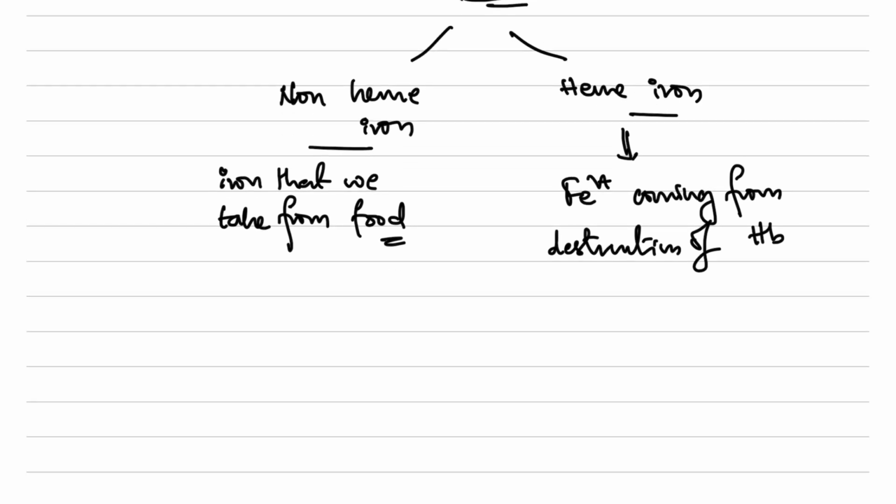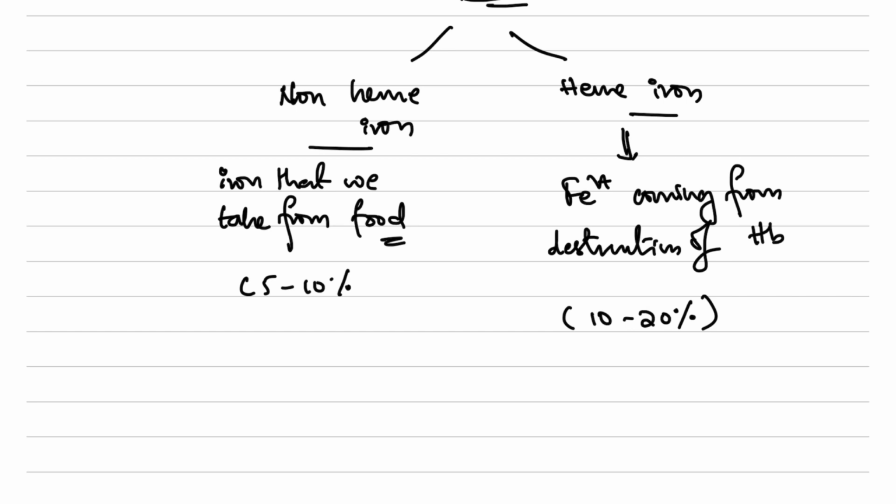The body can identify heme iron and non-heme iron, and whenever there is heme iron, it will absorb almost 10 to 20% of it. Suppose 100 units of iron are broken down from hemoglobin. Out of this, 20 will be absorbed in the body and 80% will be thrown out. Compared to this, if I am taking 100 units of non-heme iron in the diet, it will only absorb 5 to 10% of it.